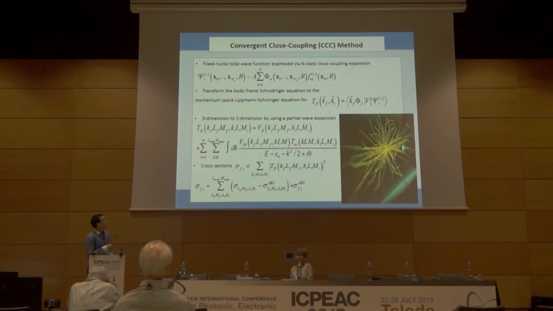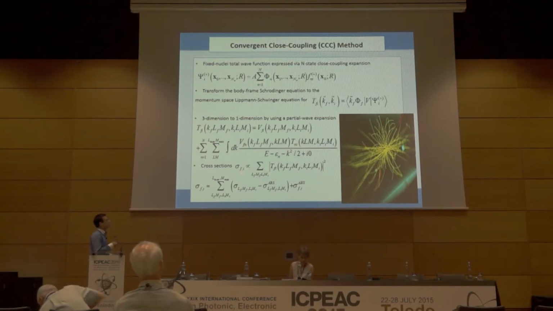We expand this three-dimensional T matrix with a projectile partial wave expansion and solve it in effectively one dimension. Once we obtain our T matrix elements, we can calculate our cross-sections, and we utilise an analytic Born subtraction method to top up our cross-sections for large values of orbital angular momentum.